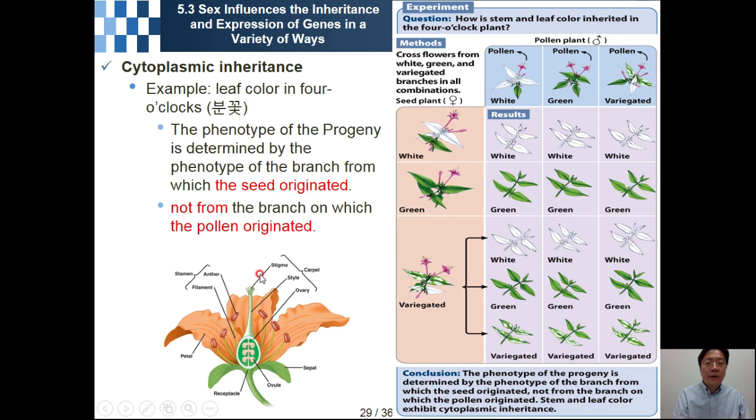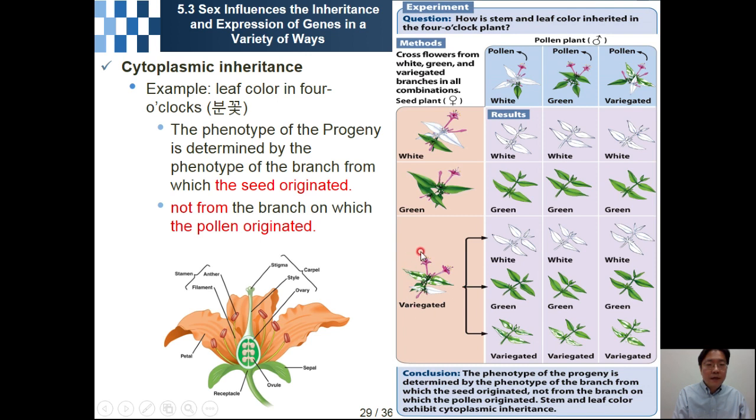They only have the ovary like this. This flower comes from this branch, which has white leaves, this flower originated from these branches, which have the green color, and this flower originated from the variegated branch. They have mixed color like this.